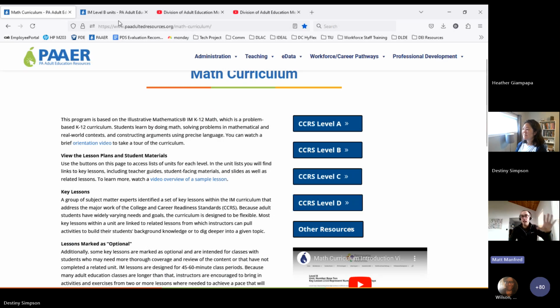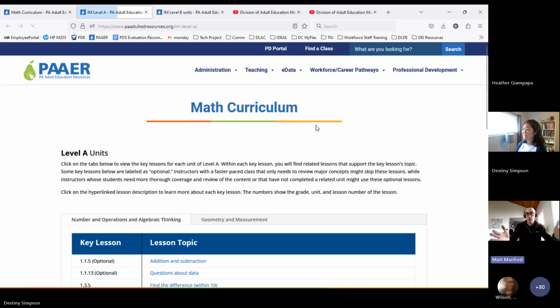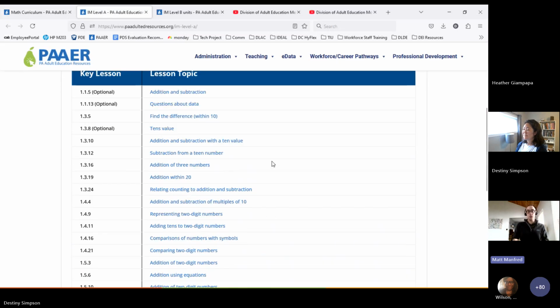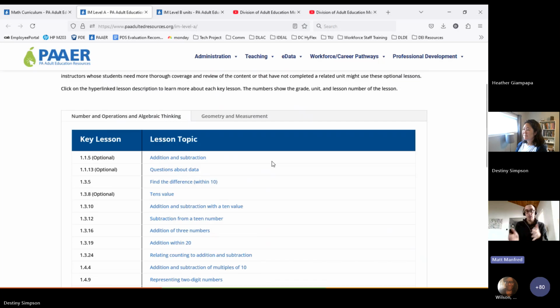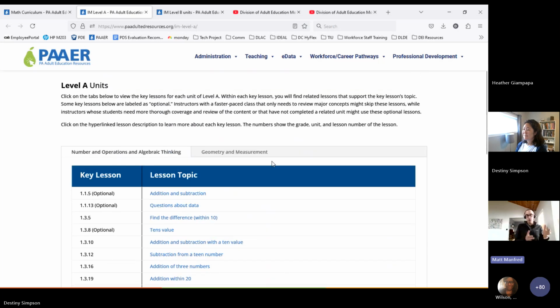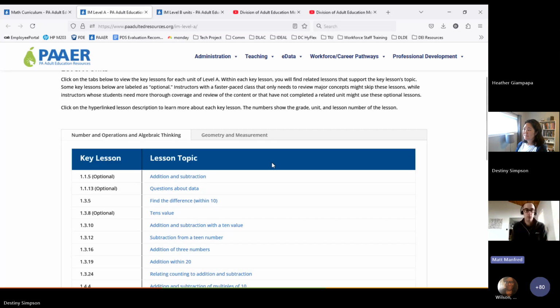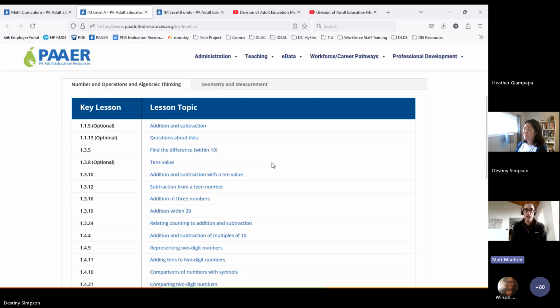Level A doesn't have a ton of resources, but what's there is lower level math, and the students that need it really do need it, and a lot of times those students don't want to work with K through 12 materials at that level. So this is adult ed materials at that CCRS level A.